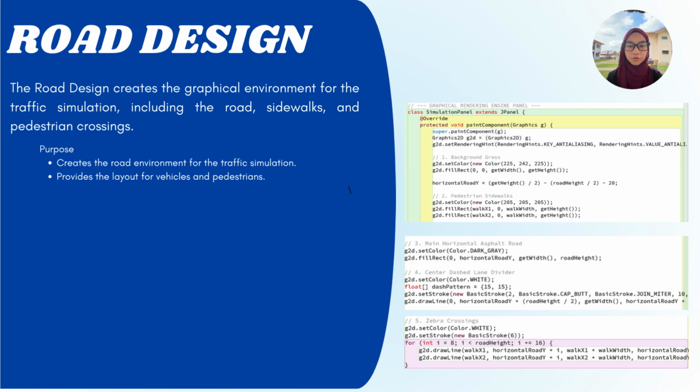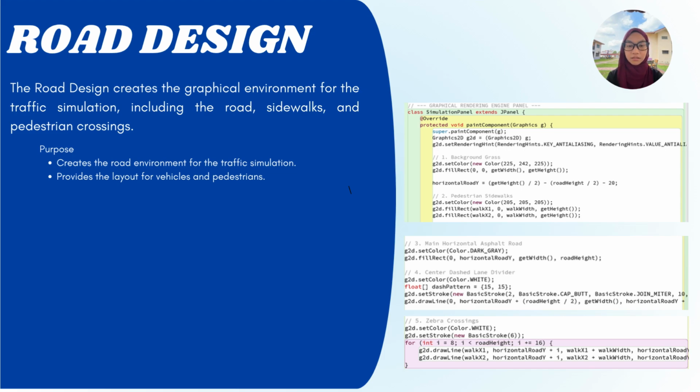The system also uses coordinate variables such as walk x1, walk x2, and horizontal road y. These variables determine the exact position of the sidewalk, road, and pedestrian crossing, ensuring that all road elements are properly aligned even if the window size changes.